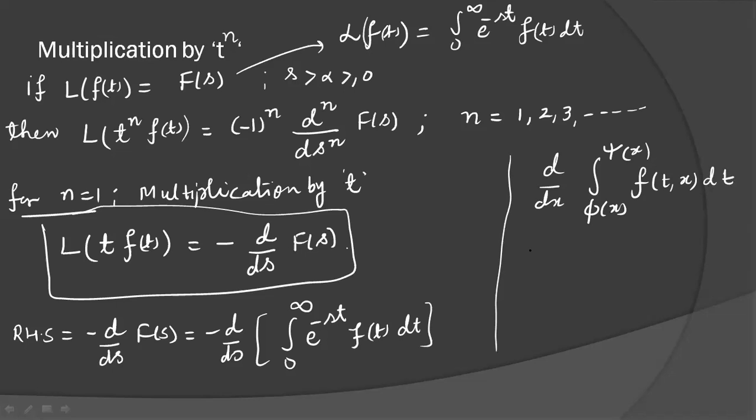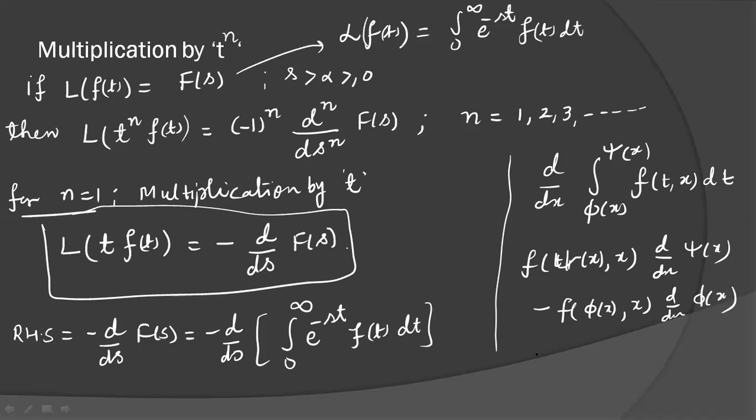Then the method is: upper limit in the place of t, times d by dx of upper limit, minus lower limit in the place of t, times d by dx of lower limit, plus one more term if the inside function depends on both variables.